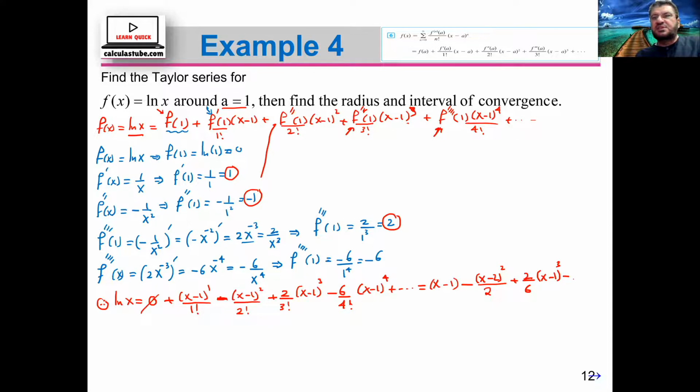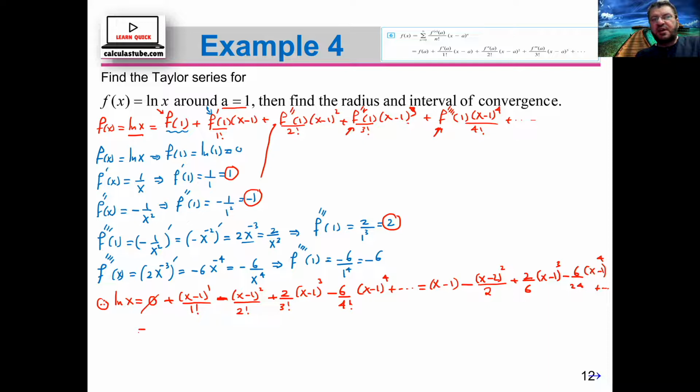Then minus 6 over 4 factorial, which is 4 times 3 times 2 times 1. 4 times 3 is 12, 12 times 2 is 24. So this is 24 times x minus 1 to the power 4. And then plus dot, dot, dot. We proceed.